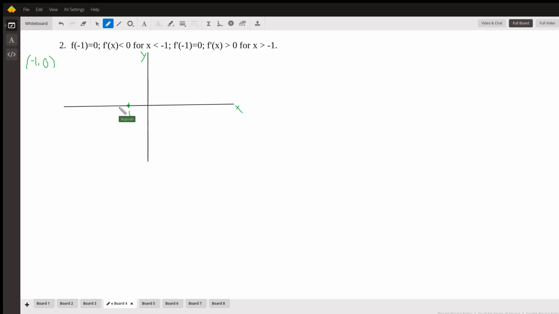So it's going to decrease. And we also know that f prime of negative 1 is 0. So I'm going to draw a line here. So if I'm decreasing, the question is, am I going to decrease like this, or am I going to decrease concave down?